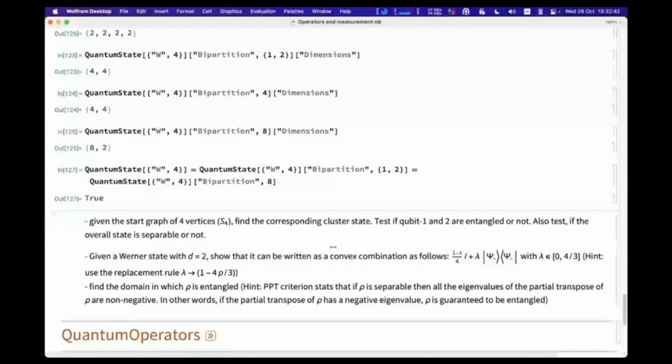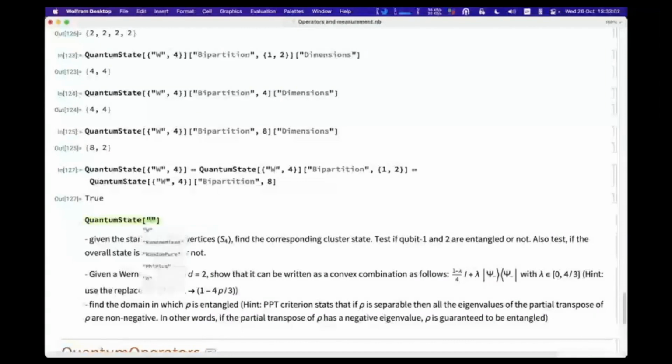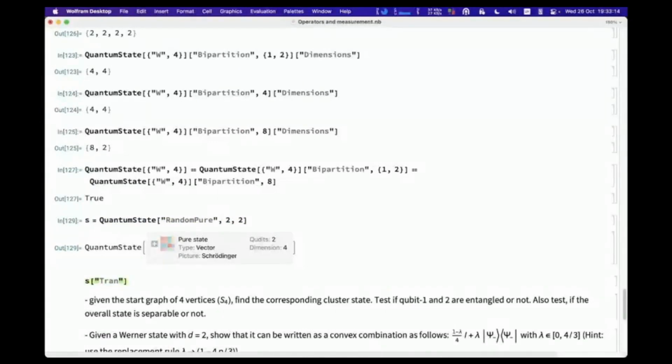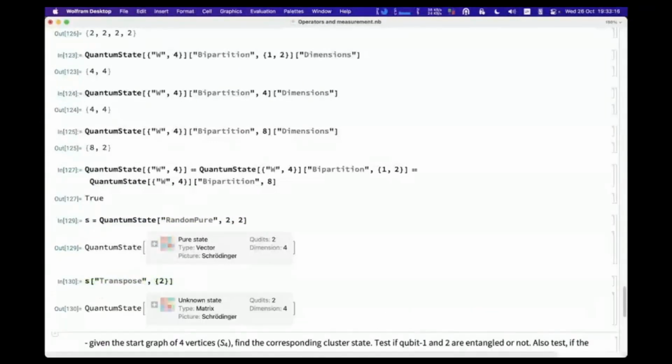There is one question: is partial transpose the same as quantum partial trace? No, they are not the same thing. Just Nick, show one example, like generate one 2 by 2 pure state. So I don't know, call it whatever. And then when you do partial transpose, for example, let's do the partial transpose on the second one.